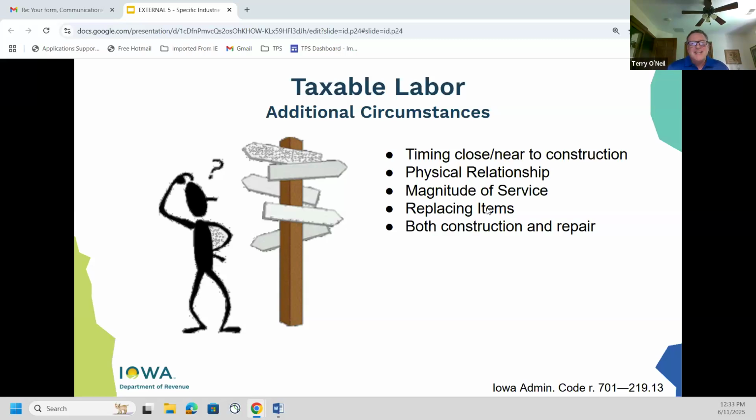If you are replacing items, this is something that we look at. There are examples in our contractor's guide that's available on our website, but an example of that, perhaps you've lived in your house for quite a few years and you've got an old furnace in there. The old furnace is working. It's maybe not the most efficient, but it is working. It's not broken. It heats your home.